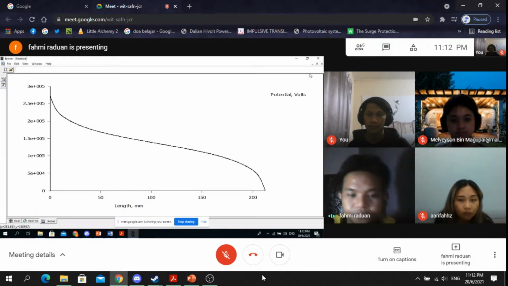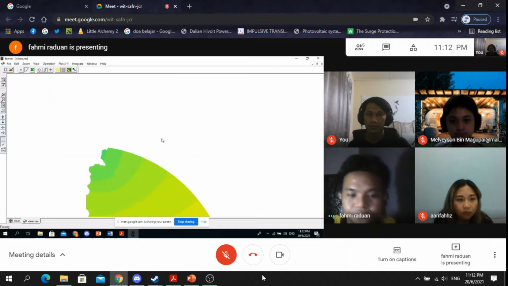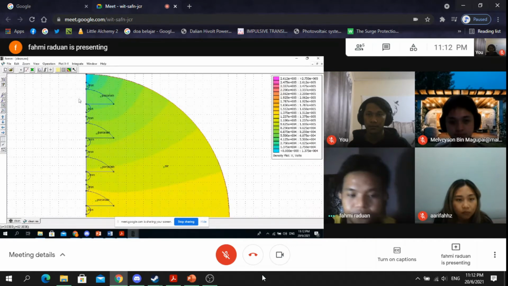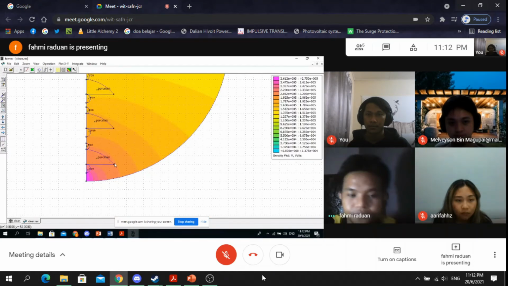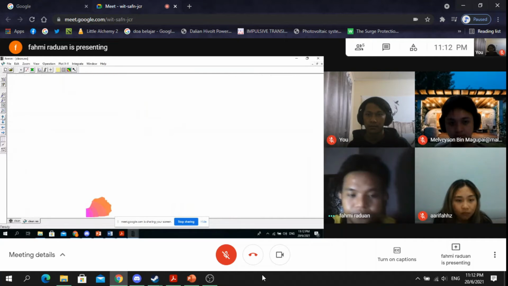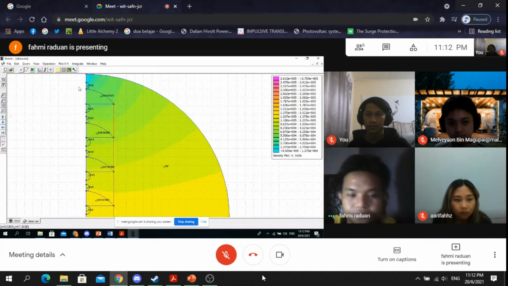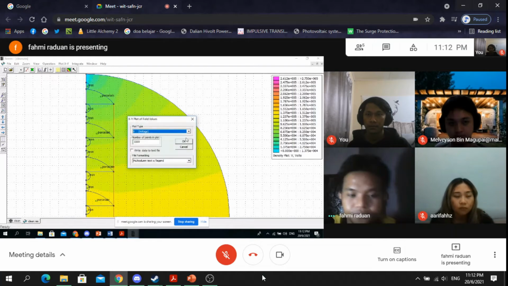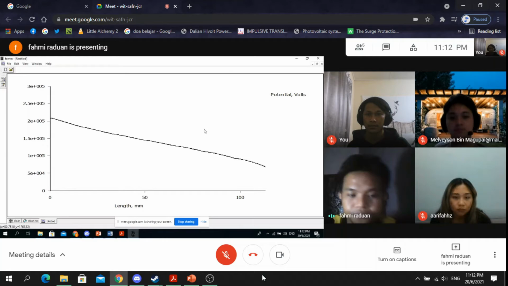So this is the result. And for shed to shed, we have to choose from the first shed to the last shed. Okay, this is the result.